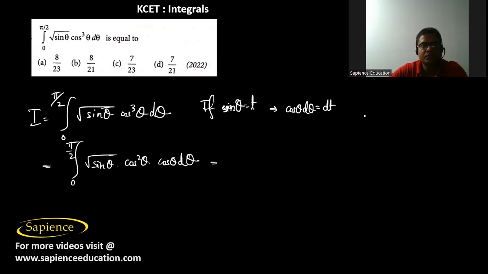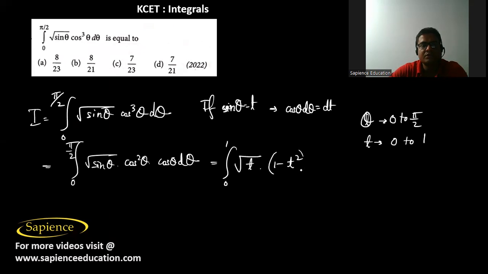So here theta is going from 0 to pi by 2. T is going from sine 0 to sine pi by 2, which is 1, so 0 to 1. So this will be equal to integral 0 to 1 root over t, and cos square theta I can write as 1 minus sine square theta, so 1 minus t square into dt.